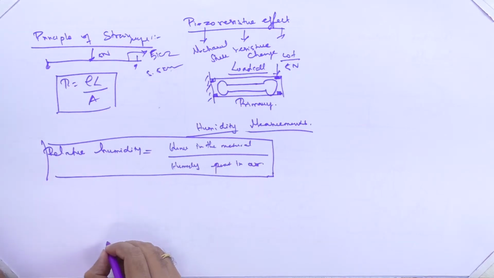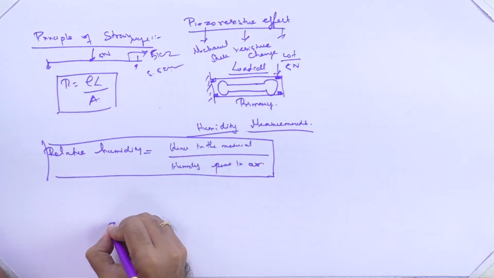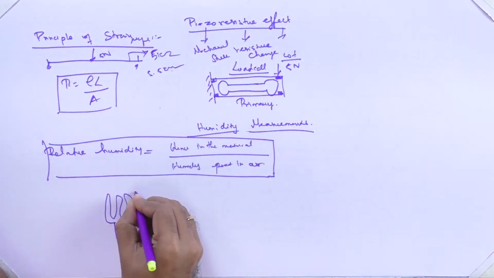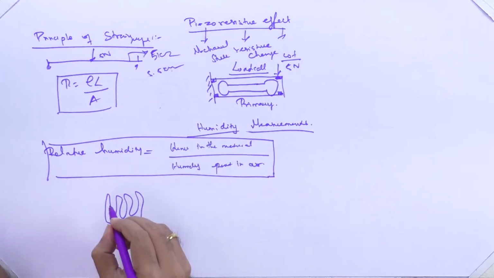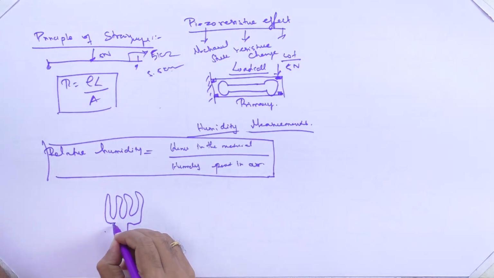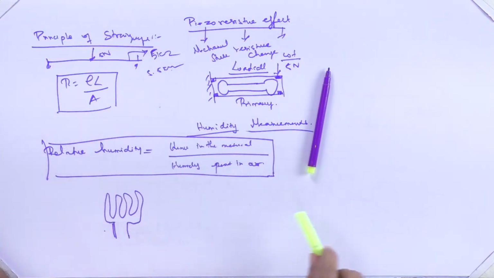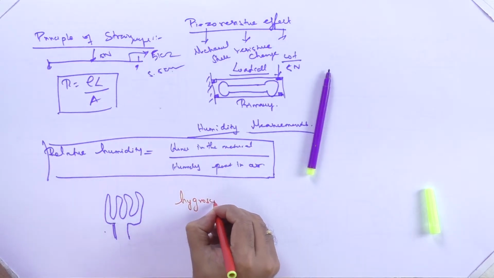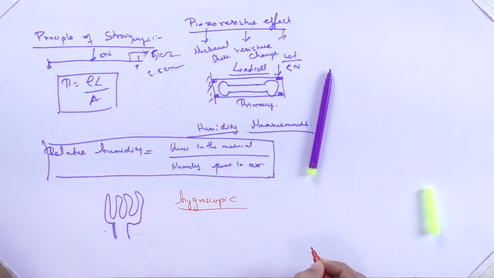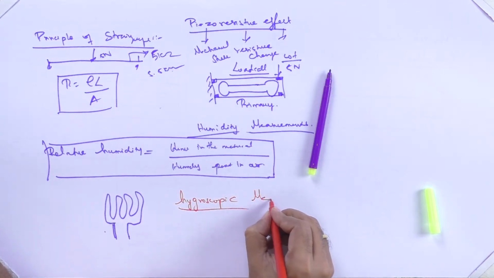And how we are going to measure this relative humidity using the resistive type of sensor is again a very simple task. You imagine again something like this, a wire which is coated with some hygroscopic medium.